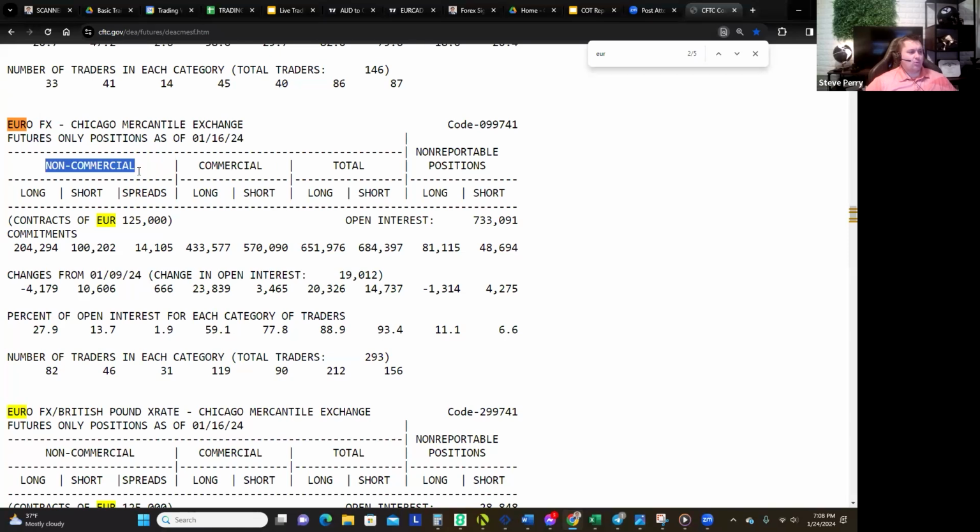So in general, we follow non-commercials. Non-commercials are your big bank speculators. They're known as large specs. And these are companies that buy and sell currencies or commodities, and the only thing that they're doing is trying to make a profit by buying and selling futures.